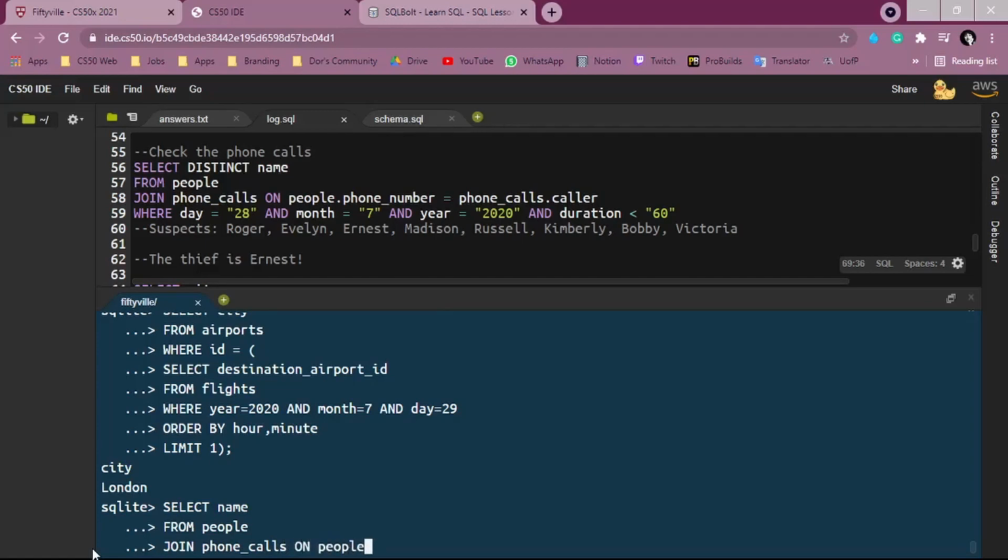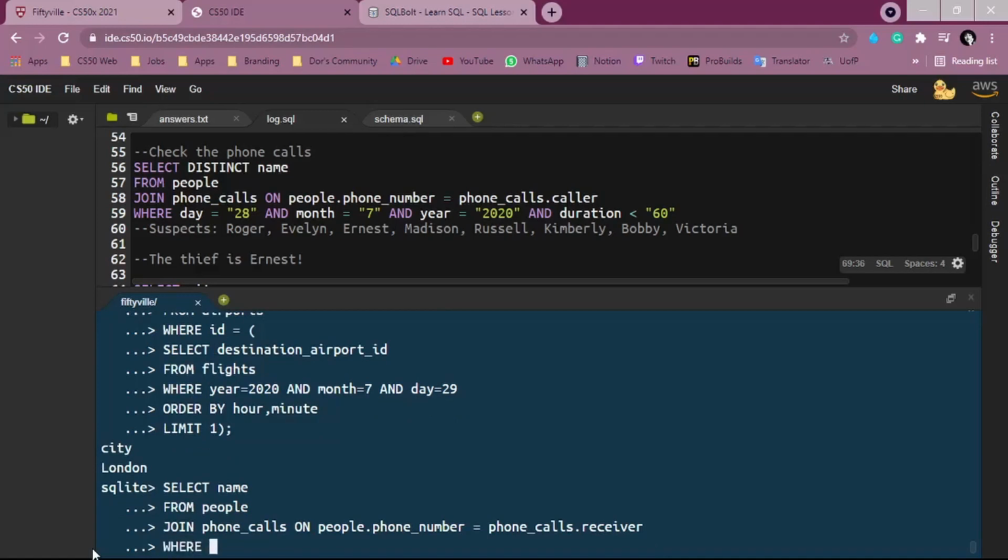On people.phone number equals phone calls table dot receiver, okay? We're not going to use the caller in this case. And the same conditions where day is equal to 28 and month is equal to 7 and year is equal to 2020 and duration is less than 60. And we have one more piece of information, that the caller is Ernest, okay?